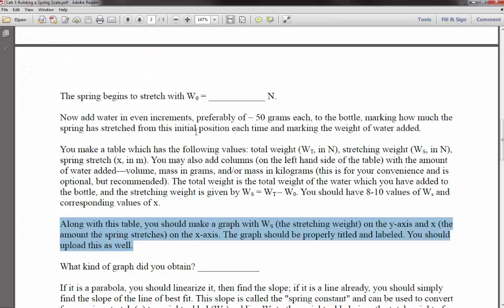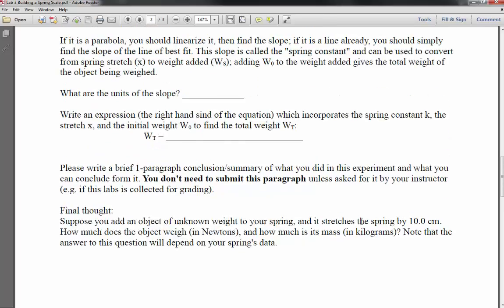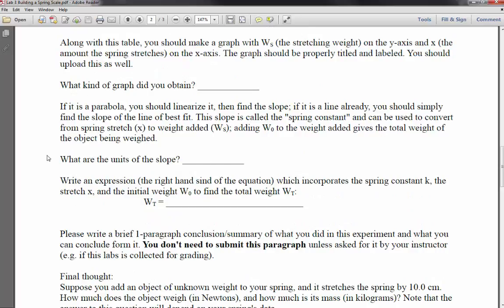So you may have to pull up your directions to try and understand what the spring constant is. Basically, you look down in here and it says once you have a line for stretch versus stretching weight, then find the slope, and the slope is called the spring constant. So the slope of the line is the spring constant.